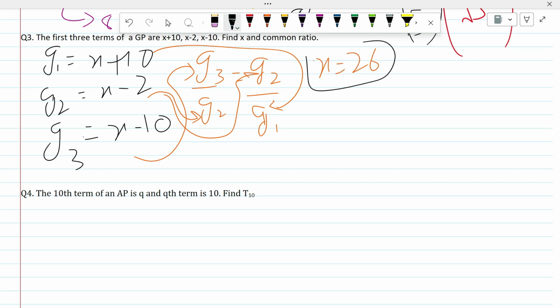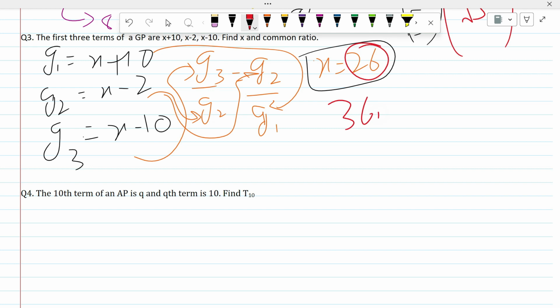Now I have to solve for the common ratio. Simply, if I substitute 26 at the place of x in x plus 10, this will be 36.